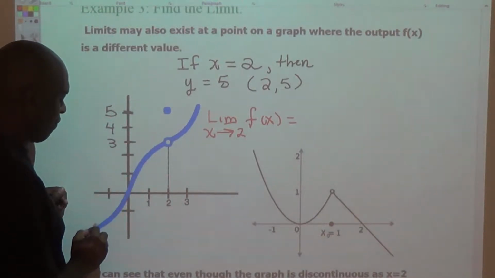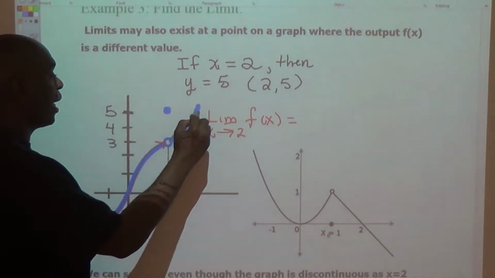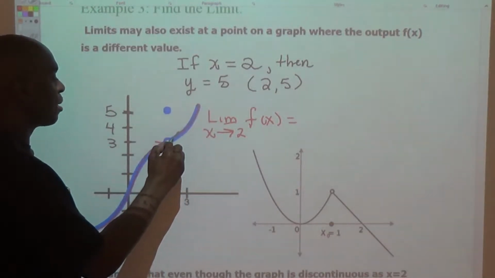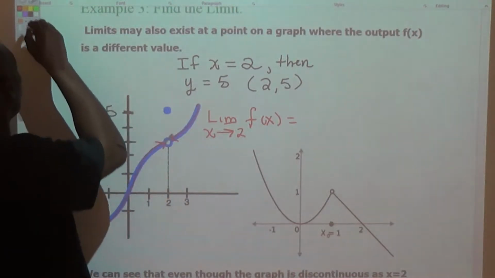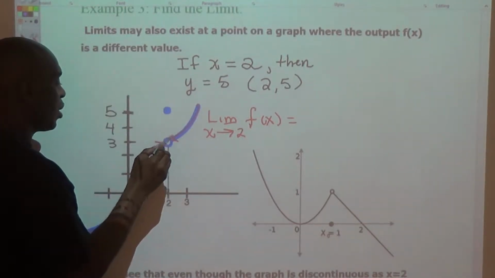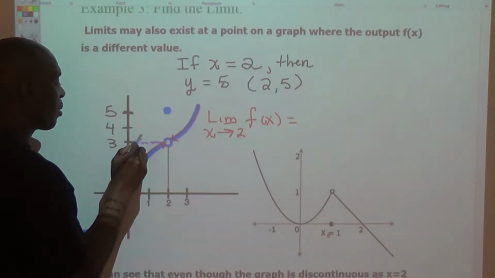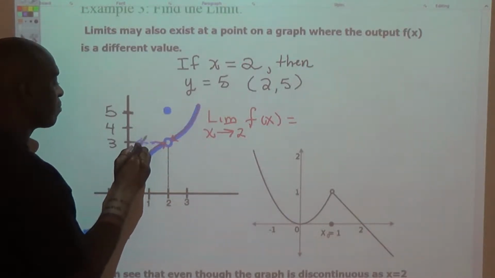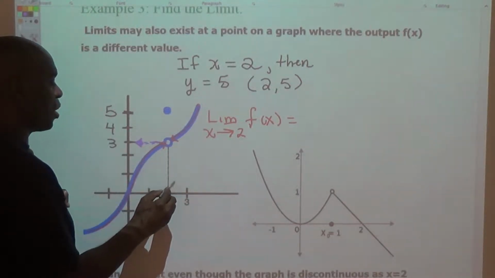The graph of f of x here, coming from the left and coming from the right, approaches this value here. The value it approaches is 3. That's the y value that's being approached.